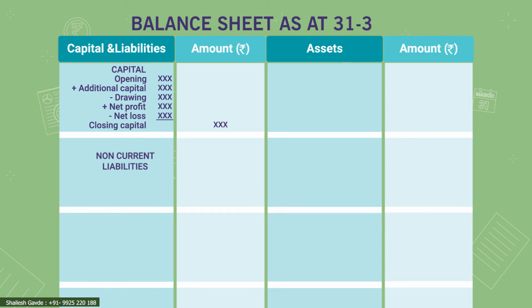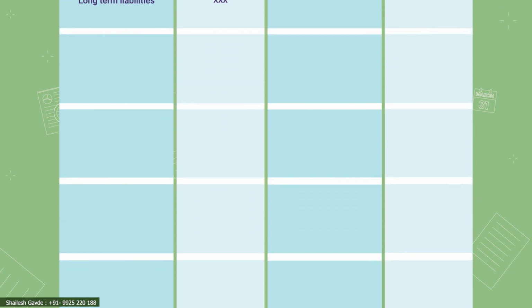So in non-current liabilities we record long-term loans etc. Then after we record all current liabilities. Current liabilities are those liabilities which are to be paid within a period of 12 months. Say like creditors, bank overdraft, outstanding expenses, bills payables, etc. So that completes our capital and liability side.